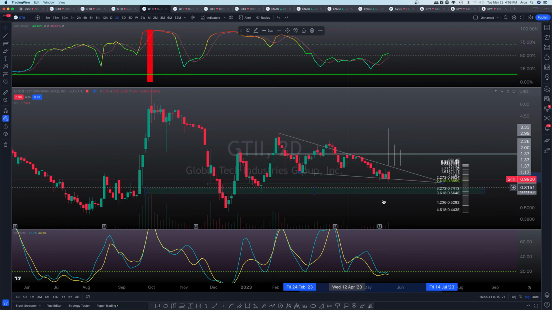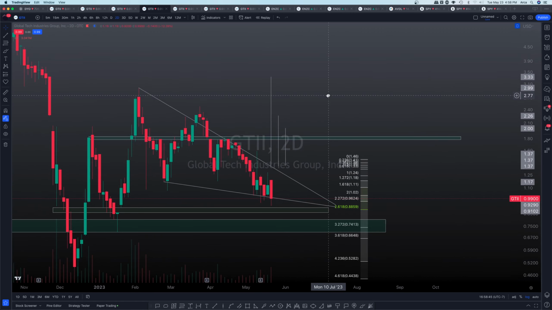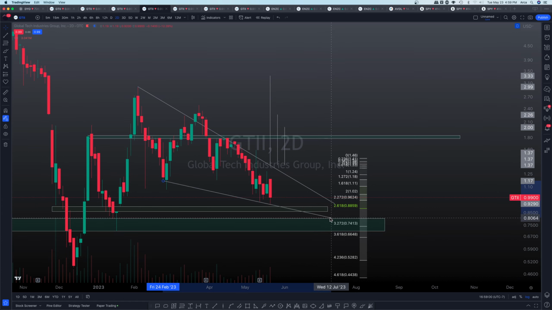So another thing that I wanted to mention here, you guys, is on the buy daily chart. Yes, we are still within that falling wedge, right? But I want to show you this, because I'm noticing that there is this pattern happening here, which rhymes well with this right here, right?